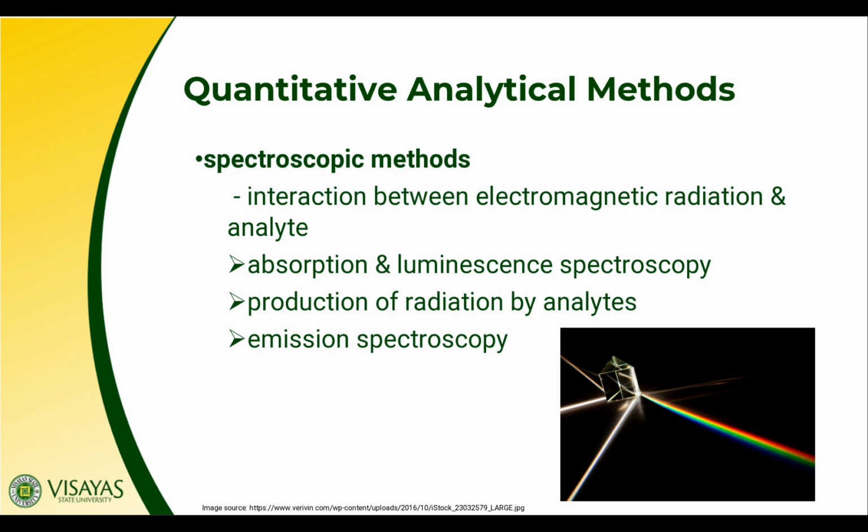So the main concept for this one is that the analyte could have an interaction with the electromagnetic radiation that is beamed towards the analyte or solution. So it could either be an absorption or a luminescence, and there are spectroscopic methods available for that.